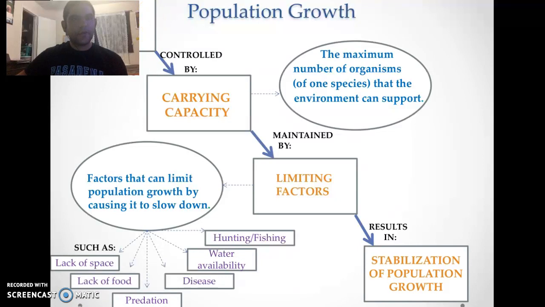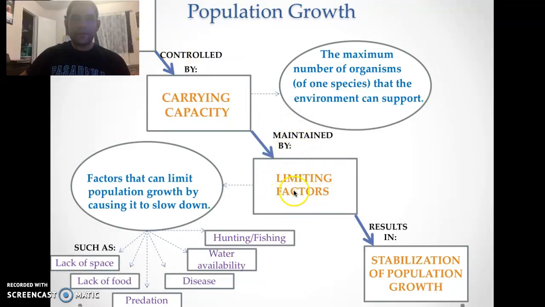So population growth will be controlled by the carrying capacity. Again, carrying capacity, top number of organisms that the environment can sustain. So the size of the population, or how much the population grows, will be controlled by that carrying capacity, and that is maintained by some factors.